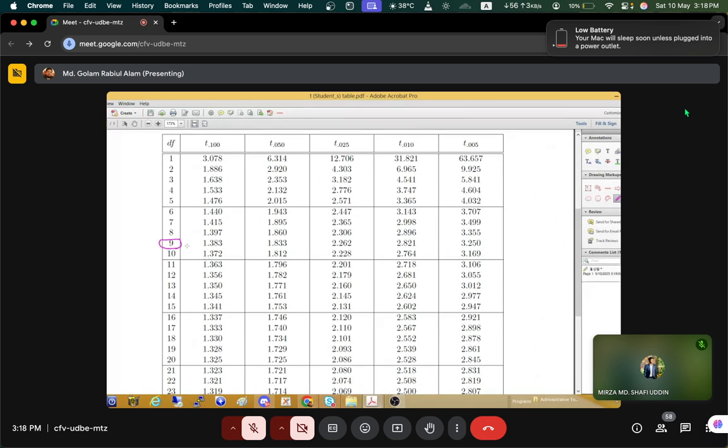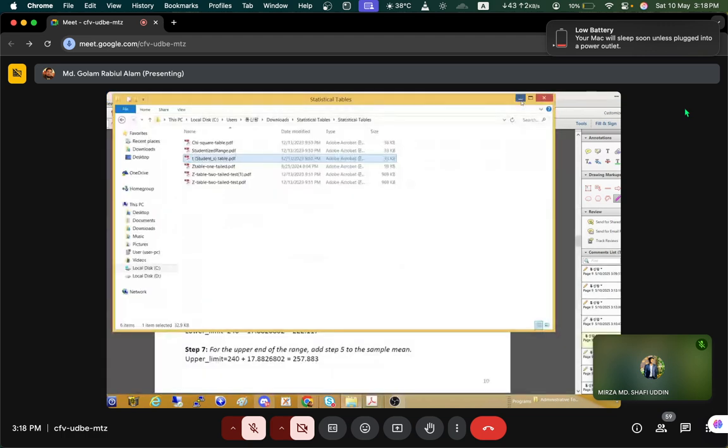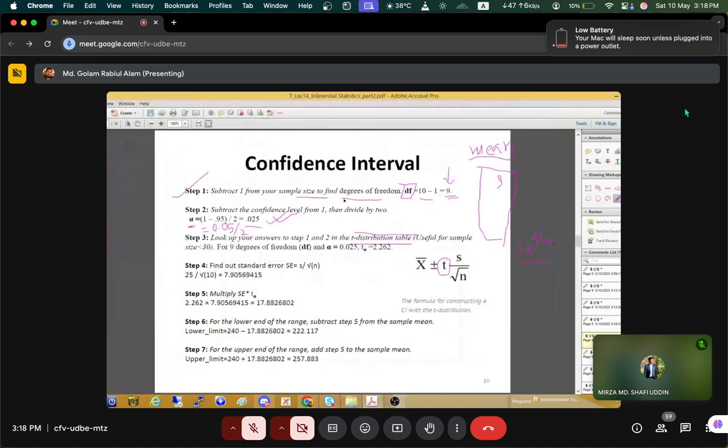And then we need to find the T alpha, where alpha is 0.025. So 0.025 is this. This is the value, 2.262. So using the degree of freedom and the alpha, we got T alpha as 2.262.